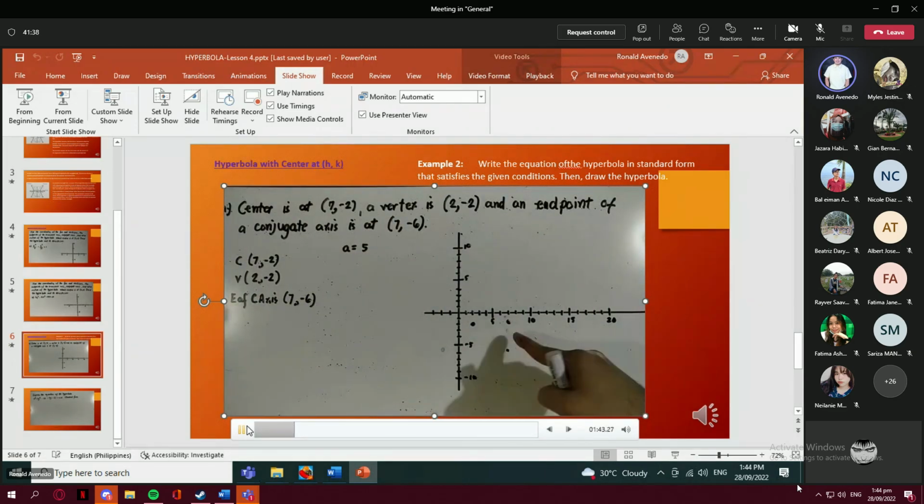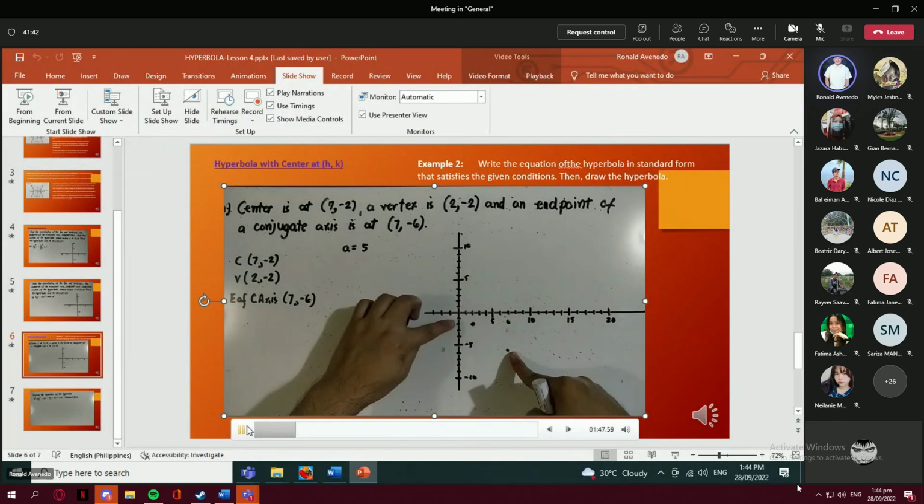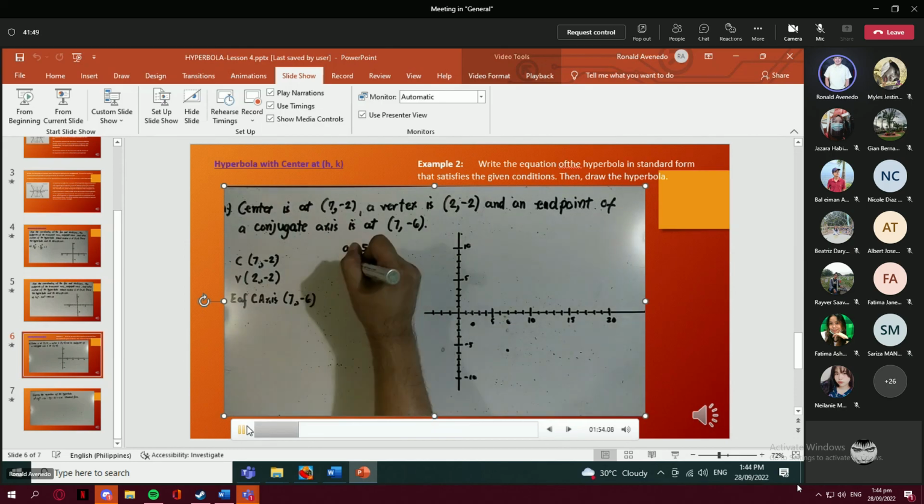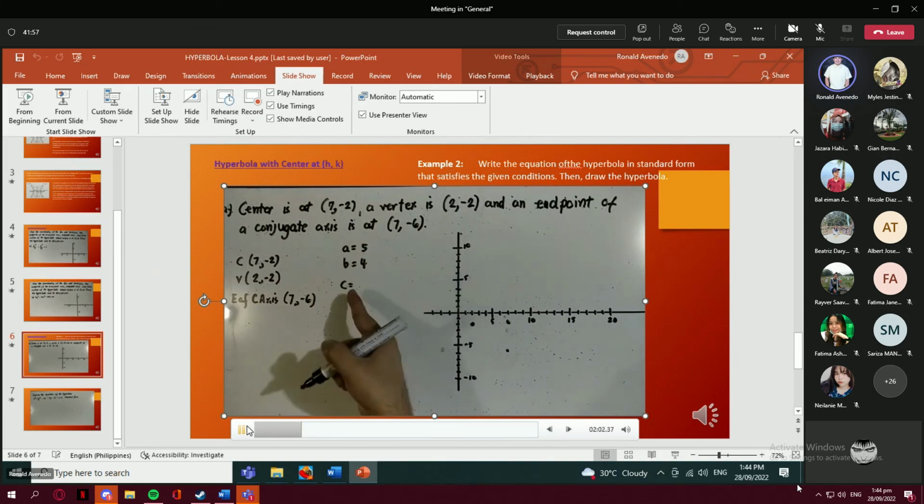The distance from center to endpoint of conjugate axis, that is the value of B. So from here, 1, 2, 3, 4. B is 4. And to find C, we will just square these two, then find the square root.